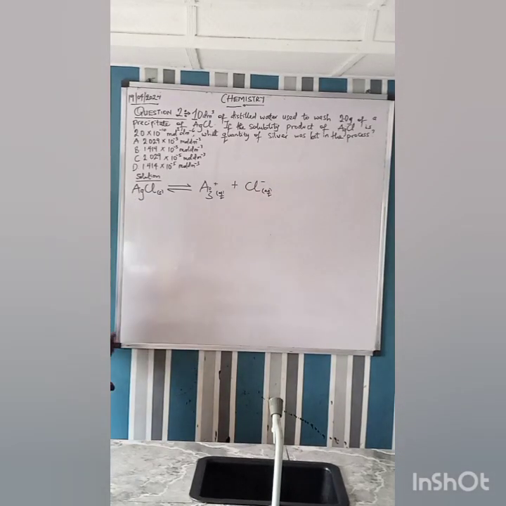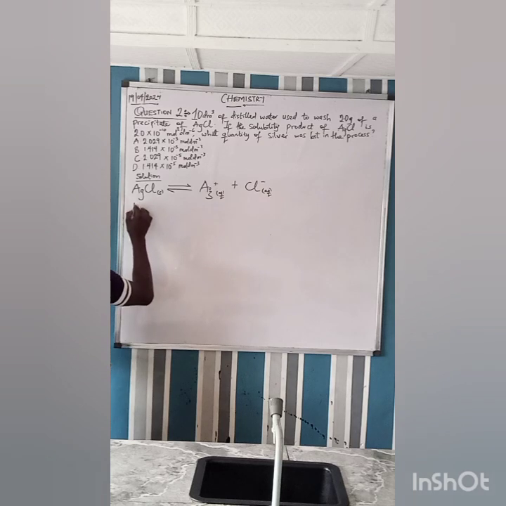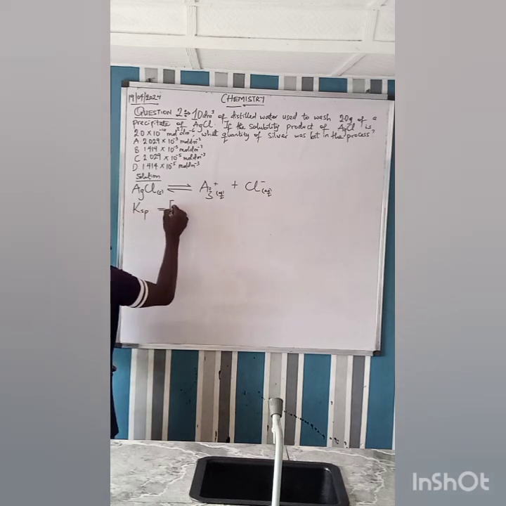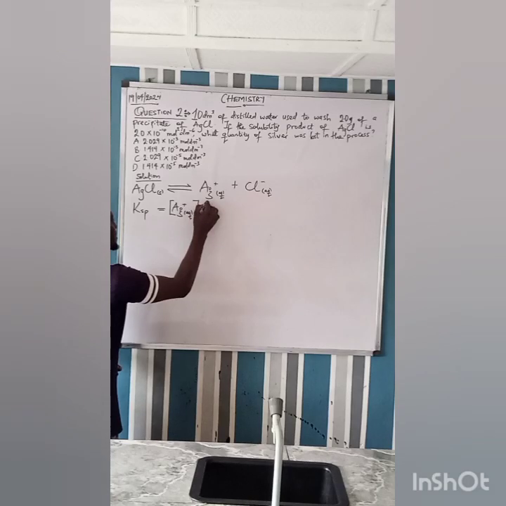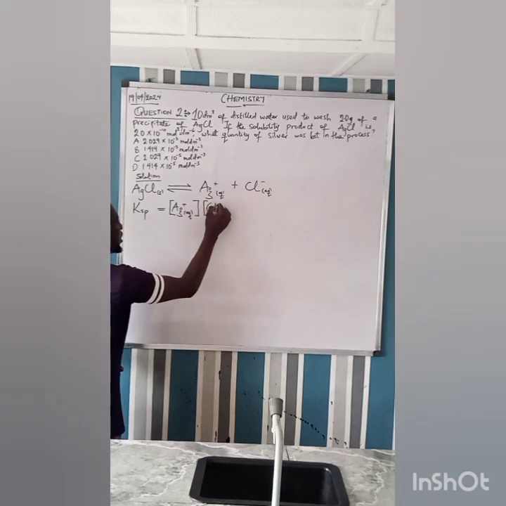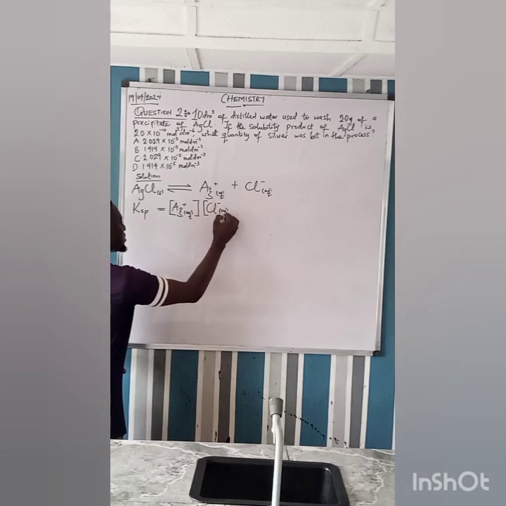So the next thing we have to show is the solubility product of silver chloride, that is Ksp equals the concentration of silver ion, aqueous, multiplied by the concentration of chloride ion, aqueous.